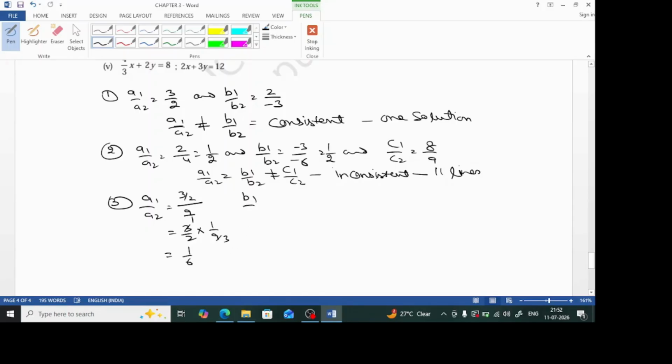Now b1 upon b2 is equal to, here b1 is 5 by 3 and b2 is minus 10. 5 by 3 into minus 1 by 10, it will become minus 1 by 6. Here again a1 upon a2 is not equal to b1 upon b2. Therefore it is a consistent system and one solution.